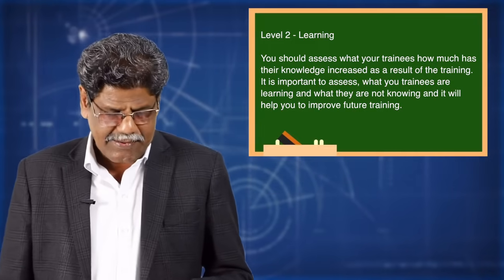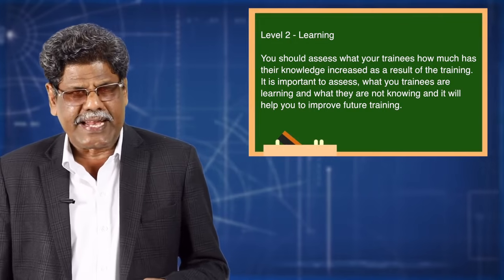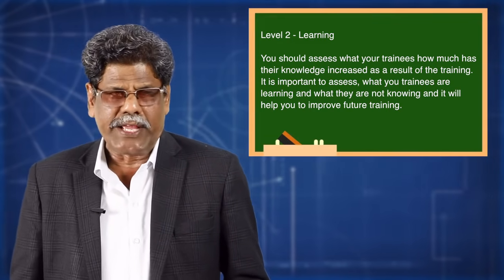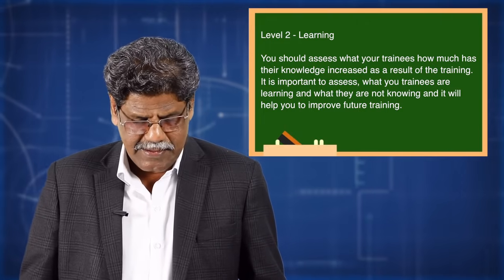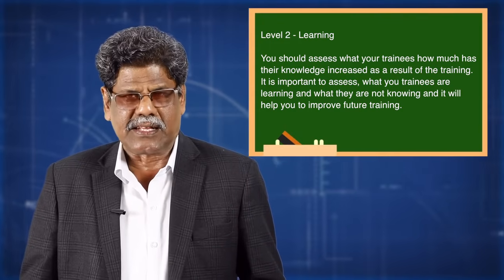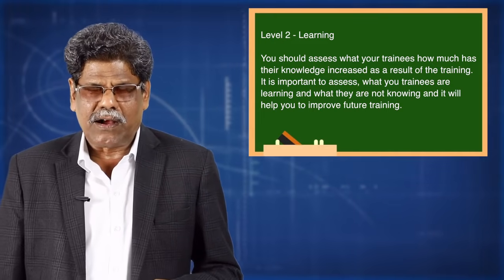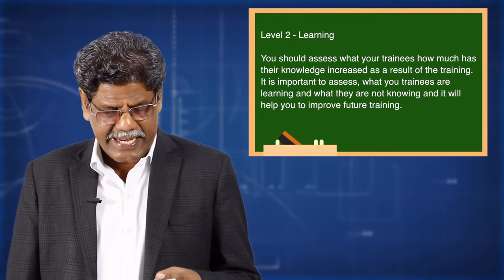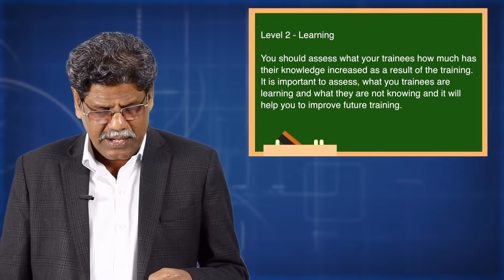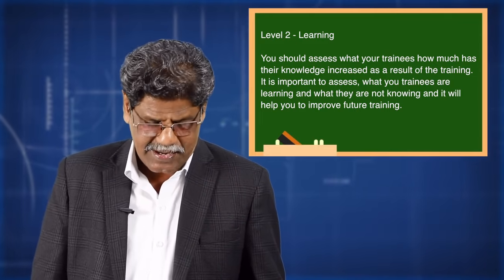Under this learning level, the trainer or teacher can assess how much knowledge they have increased as a result. Suppose previous knowledge and now how much knowledge they have increased, from this level they can identify. According to this, he can improve the trainee's learning level.